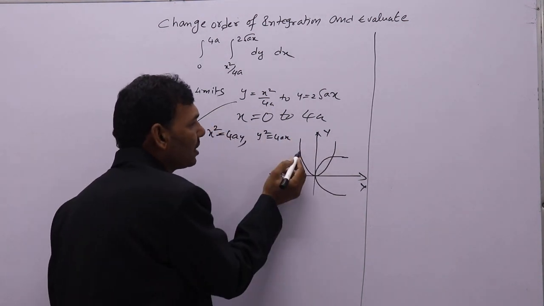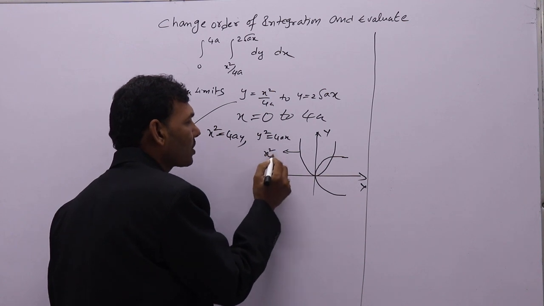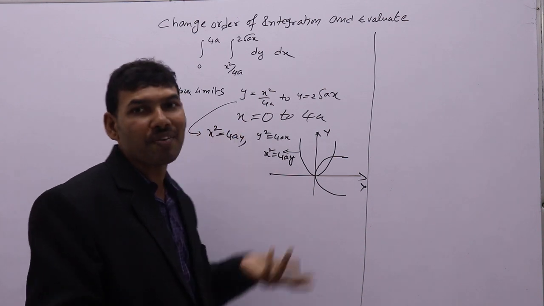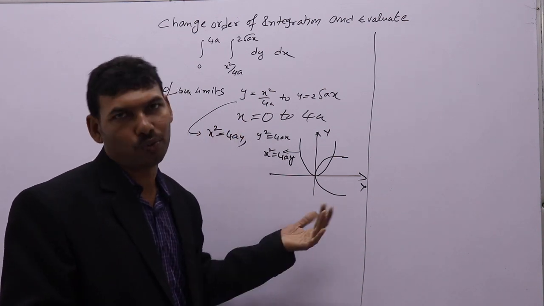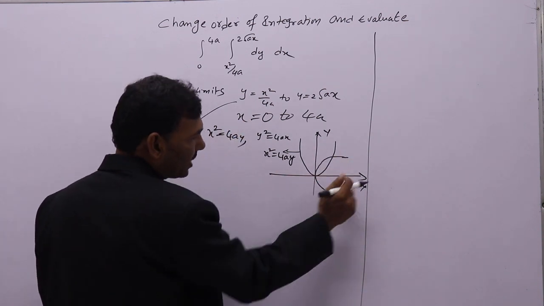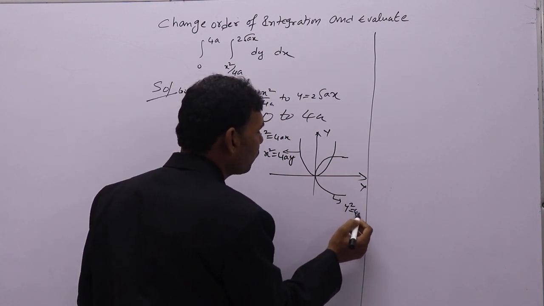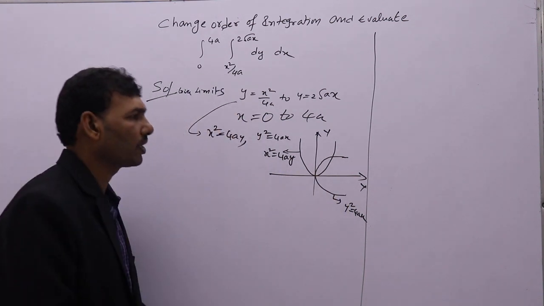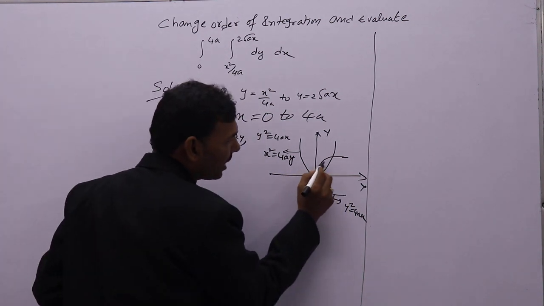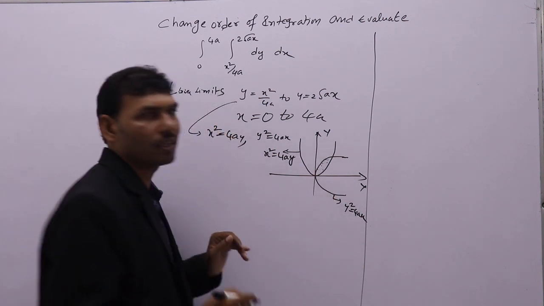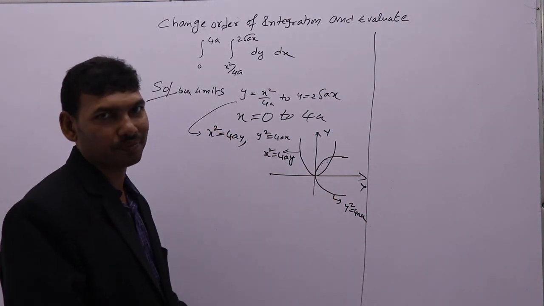That is this one, x square equal to 4ay. The one which has an even power of y, y power 2, that figure will be along the x-axis. So this is y square equal to 4ax. Now this is the region of integration.